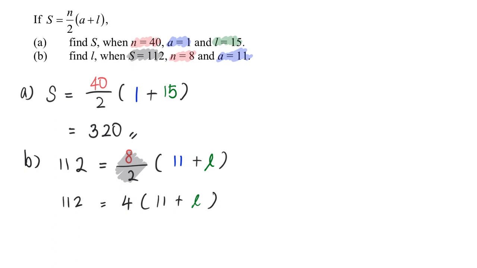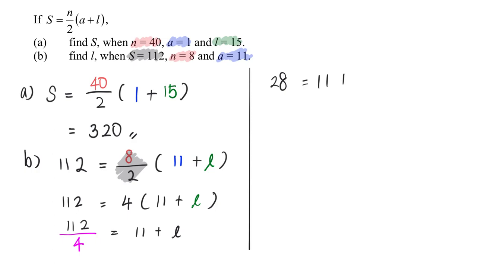So I'm going to divide by 4 on both sides, so that I only have 11 plus L. So 112 divided by 4 will give me 28, equals to 11 plus L. So I will be able to get my L easily, isn't it?